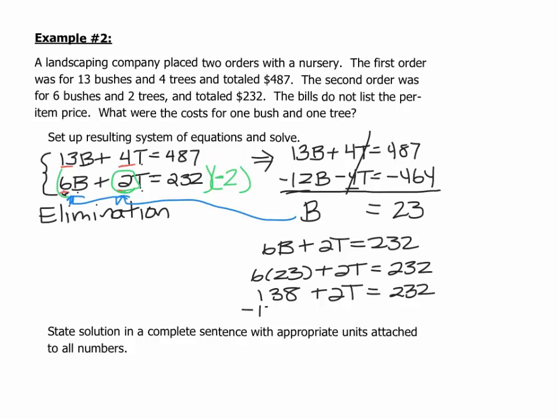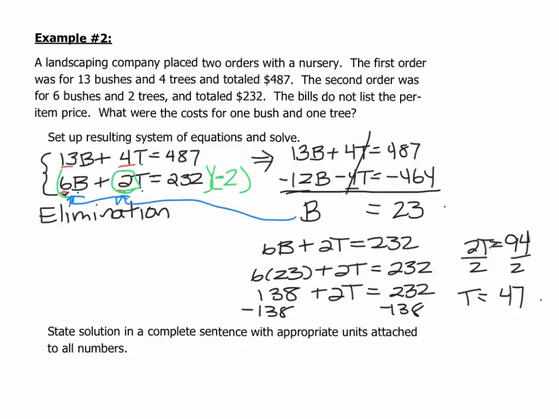All I need to do is subtract 138 from both sides, and I have 2t is 94. Now I can divide by 2 and I get t is 47. So I have found the value of both b and t that make both of my equations true.